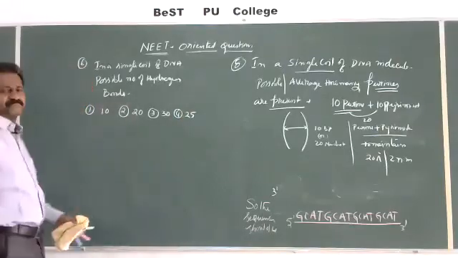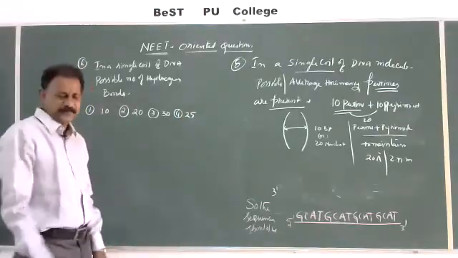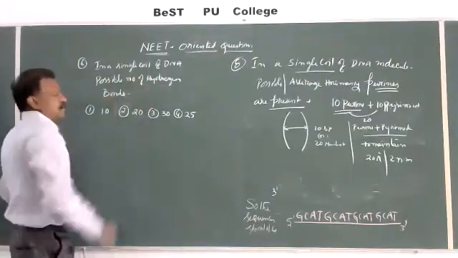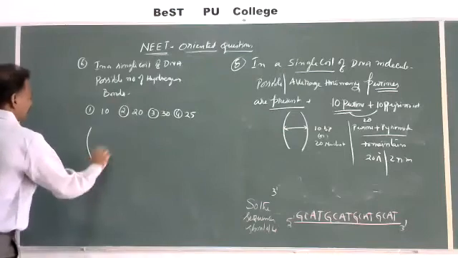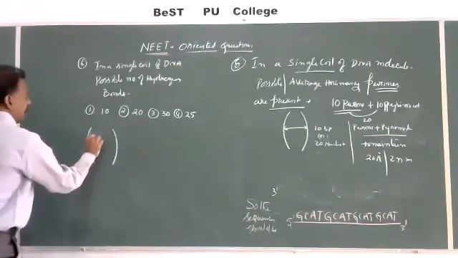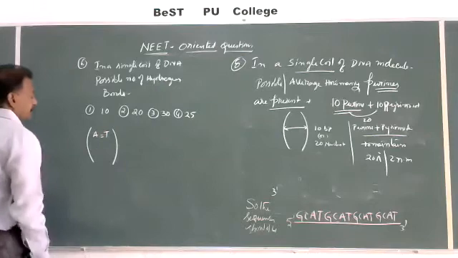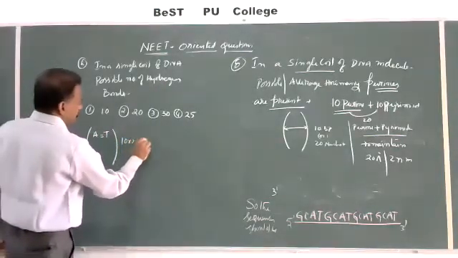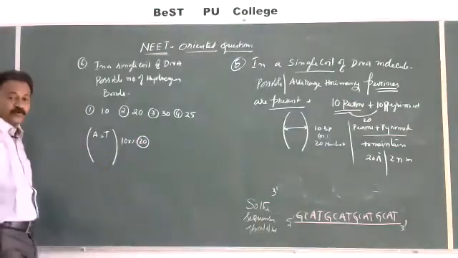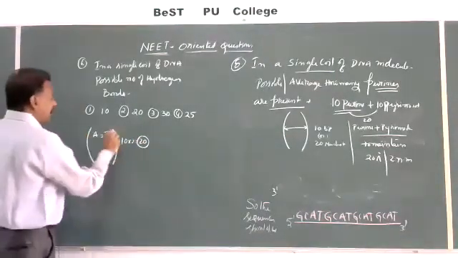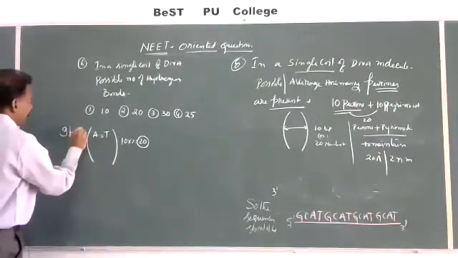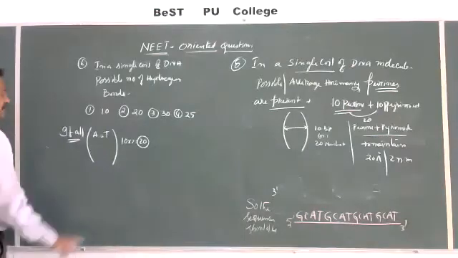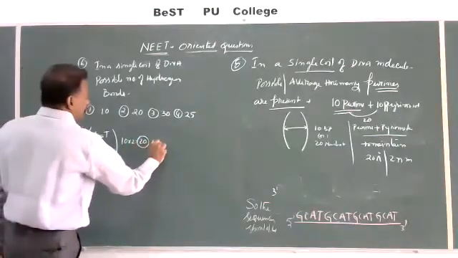They can give various options. For example, in a coil, if all are ATs, so 10 ATs, 10 into 2, 20 hydrogen bonds.